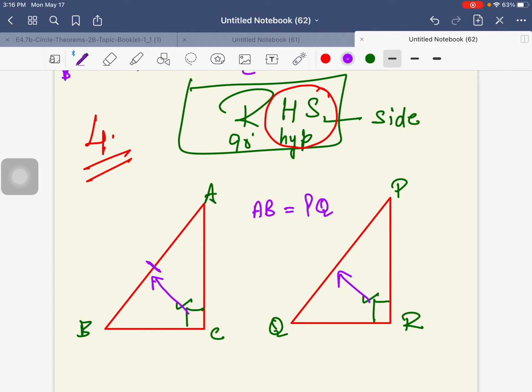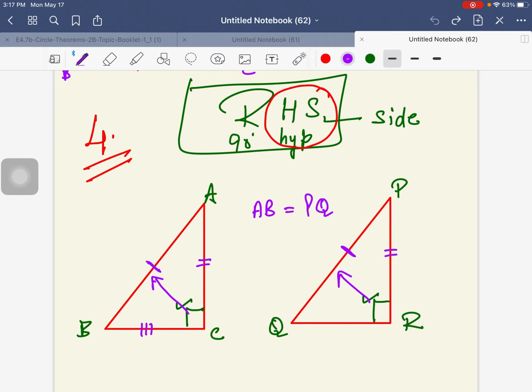Means this length is equal to this length. So both triangles have hypotenuse of equal length. And then the rest of two sides can be any. I can prove that this side is equal to this one, or I can prove this side is equal to this one. It doesn't matter, any.